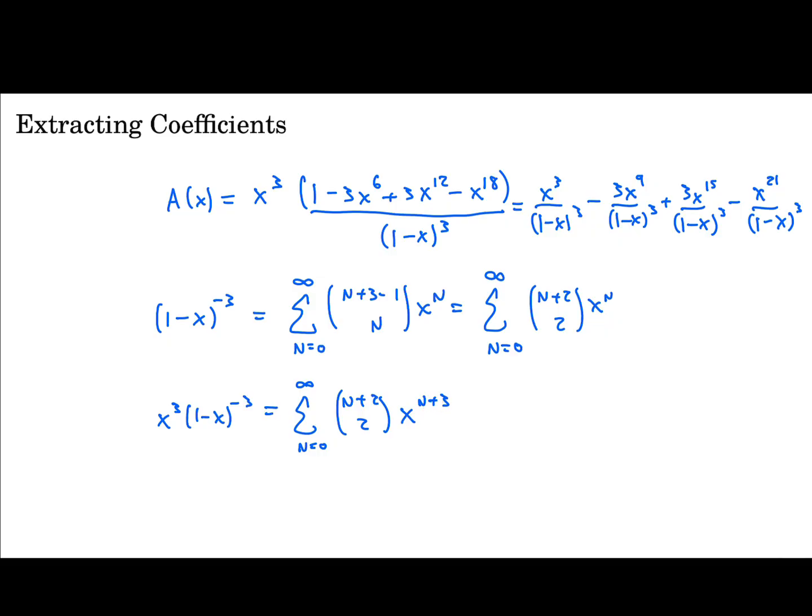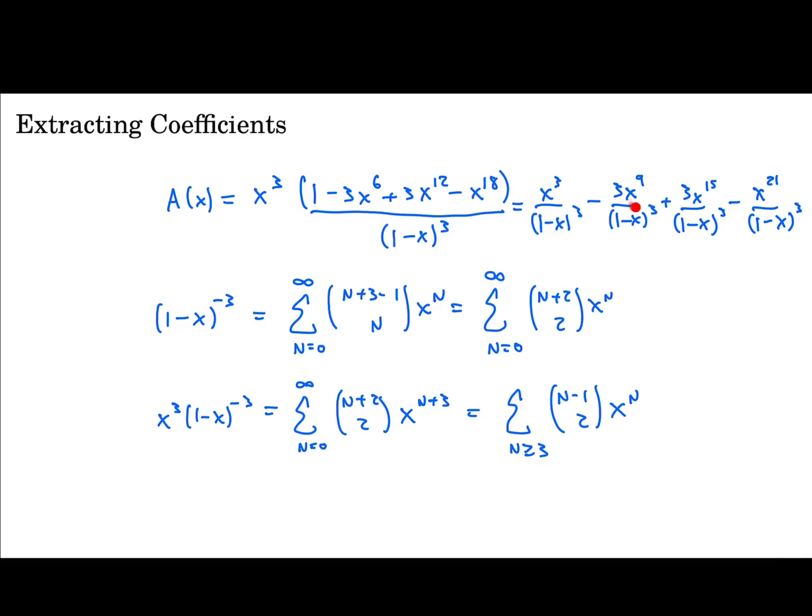So when you have an n plus 3 here, you can rewrite it as a shift of index. If this one is going up by 3, you just need to go down by 3 on the left part, so this will be starting at 3. And if you do n plus 2 minus 3, you get n minus 1 choose 2, x to the n. So that takes care of this first one.